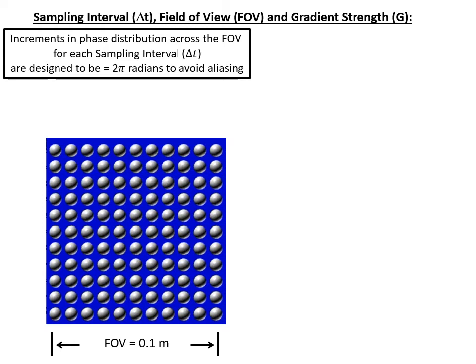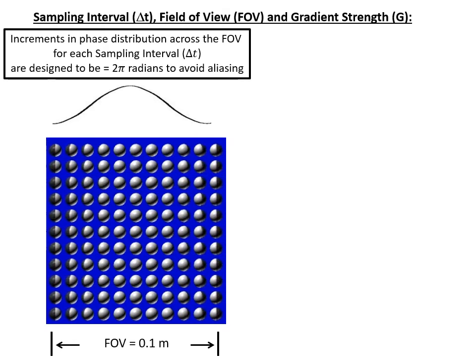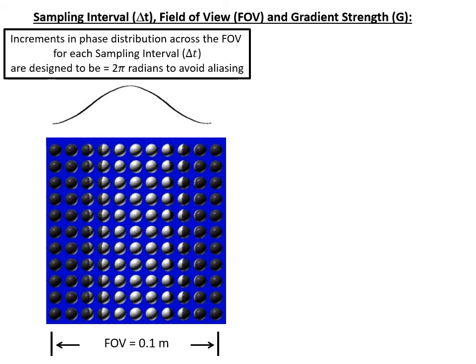So in this example, we have a field of view of 0.1 meters. We have a full cycle of phase distribution across this field of view after a certain period of time, which is shown here. So there's 2 pi radians difference.